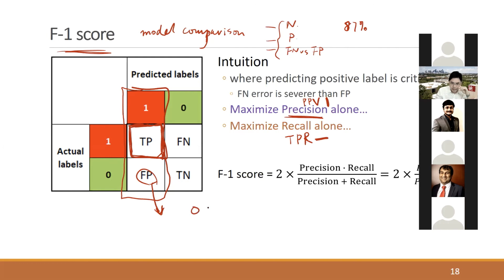If I make zero positive prediction, I only make negative predictions. In that case, if I don't have positive prediction, I won't have any false positives, right?